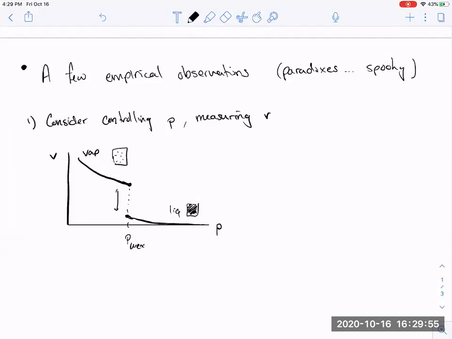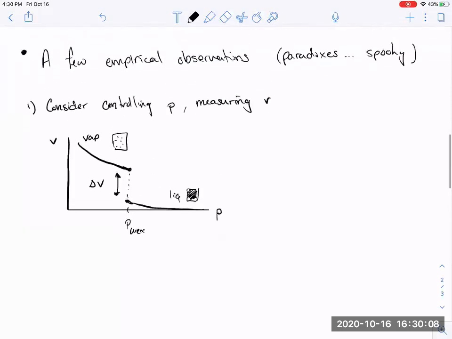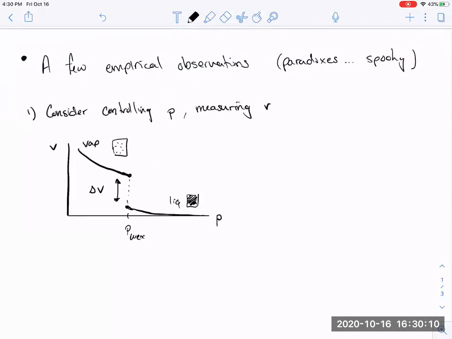We could label how big of a change of volume took place, some delta V, which is in general quite large. So in doing this experiment where we measure V and control P, we observe an abrupt change in the volume, exactly at a very exact pressure, thermodynamically speaking.